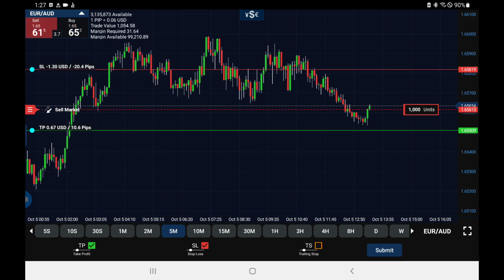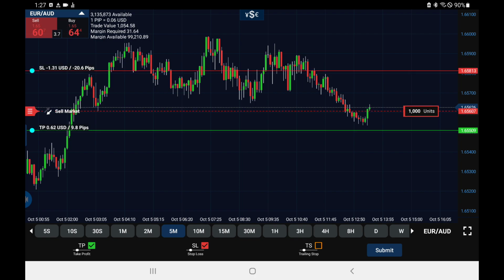Now this is what's called an upside down risk to reward. That is, you have more risk than reward. You're risking $1.20 to make 60 cents. There's good and there's bad to that.